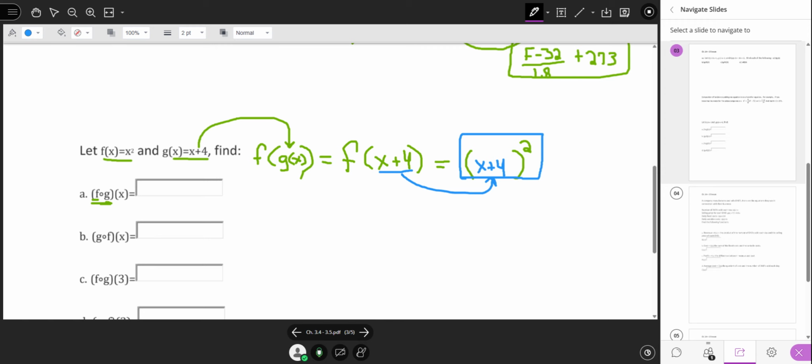Now, g of f of x. So g with f inside of it. And f is x squared.